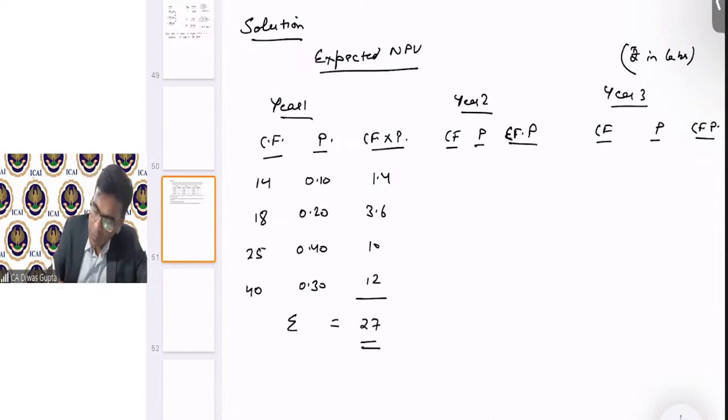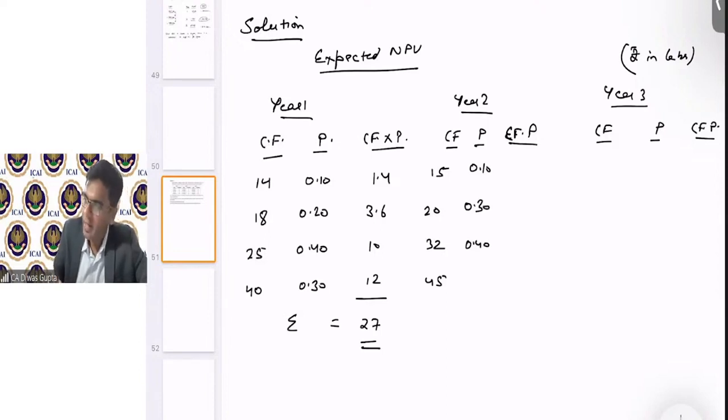Similarly, for year 2, 15 lakhs, 20 lakhs, 32 and 45. And the probabilities are 10, 30, 40, and 20. The expected cash flows will be 1.5, 6, 12.8, and 9. The total comes as 29.3.